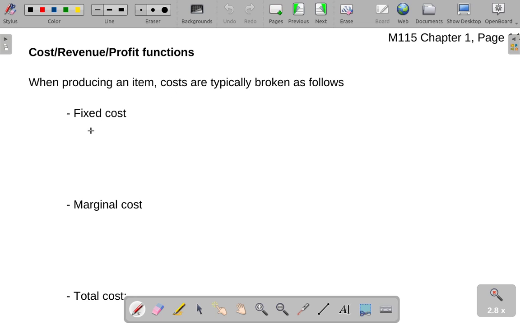We're going to start off with something called fixed costs. These are generally one-time costs, or non-recurring. Well, they can be recurring. They are costs that don't depend on the number of items.